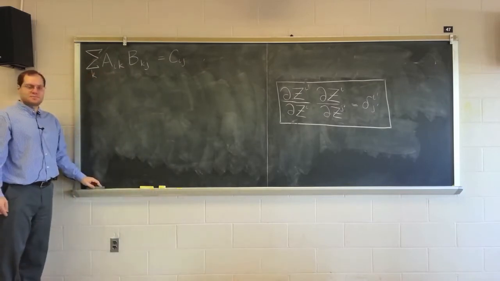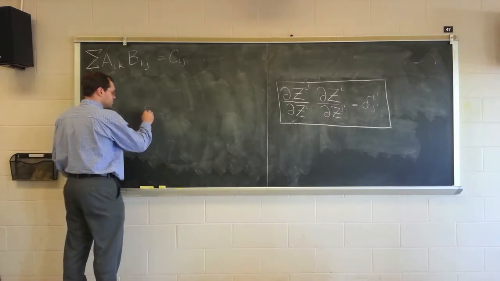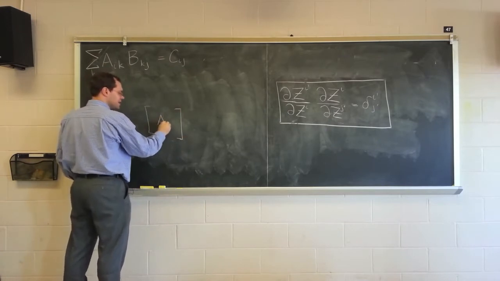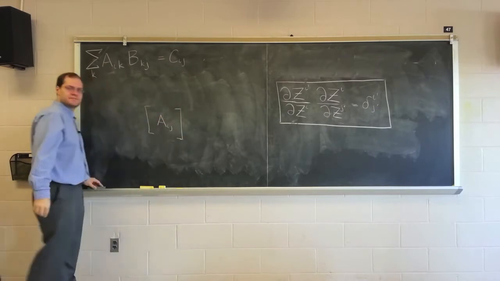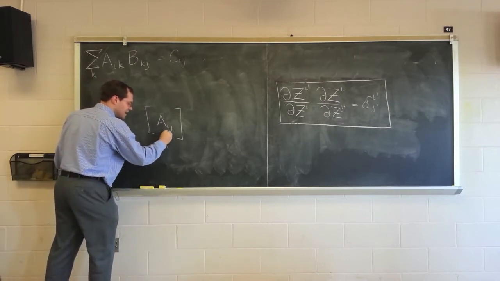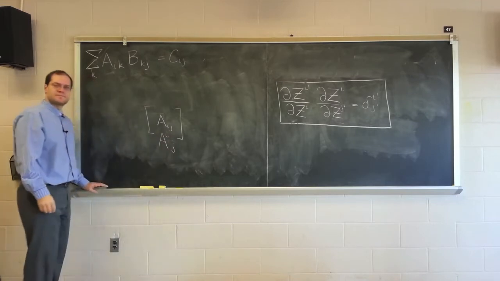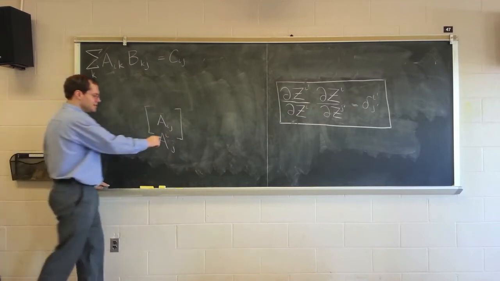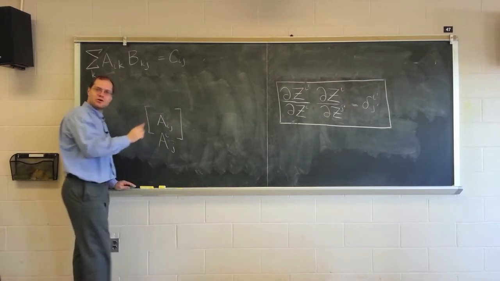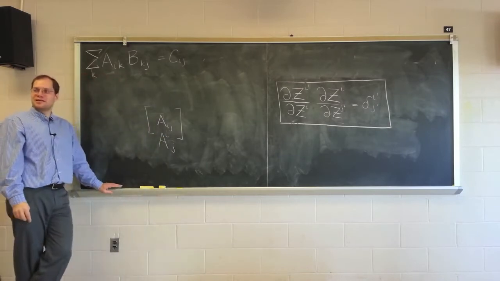One step towards the matrix notation. Perhaps I erased it too soon. Instead of calling my entries here A_ij, I will instead call them A^i_j, with the understanding that the upper index is first and the lower index is second. You see, the order of indices matters greatly.